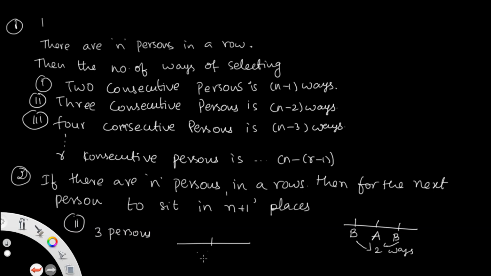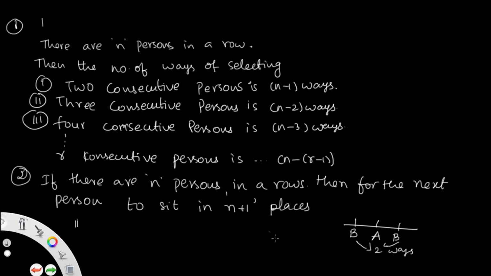Suppose A here, this is one way, second way, and this is B here. How many ways? 1, 2, 3 ways. So that is 3 places. Similarly, generally we can say that it has n plus 1 places.